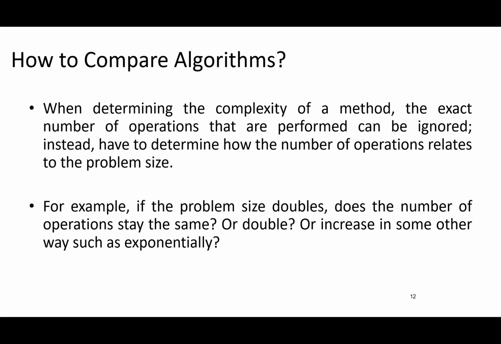Will it increase? Or let's say now the size of the array I want to sort becomes 1000. How much time does it take if I use sorting method number 1? Definitely it will be longer compared to if your size is 10 or 20 or 30, right? Here we want to know how the time actually increases when the problem size increases.